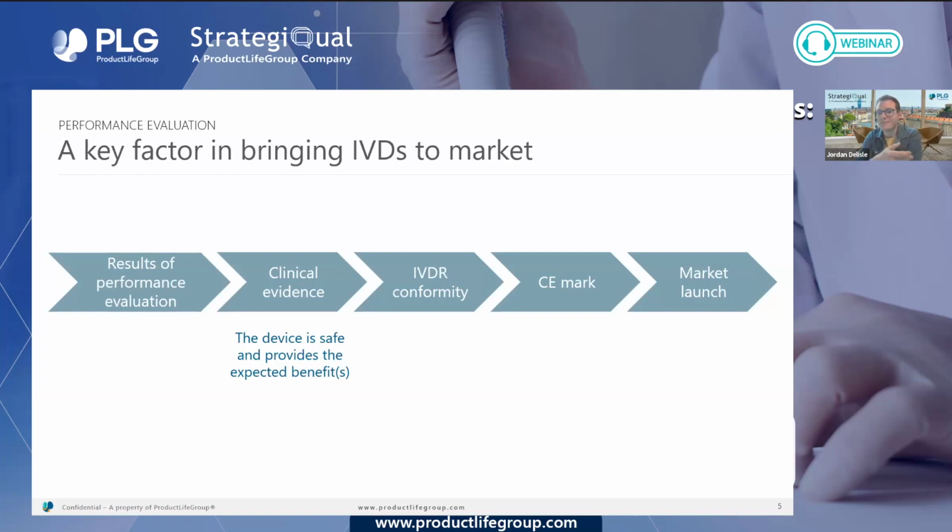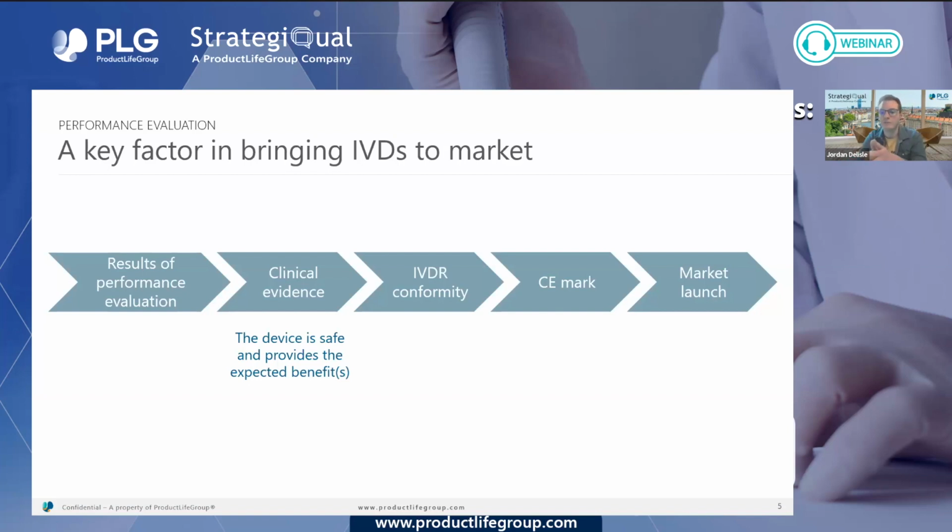In other words, in addition to demonstrating the safety of the product, the manufacturer must scientifically demonstrate the positive effects of the device due to its function, such as screening, monitoring, diagnosing, or assisting in the diagnosis of patients. Or it can be the positive effect on patient management in terms of public health.